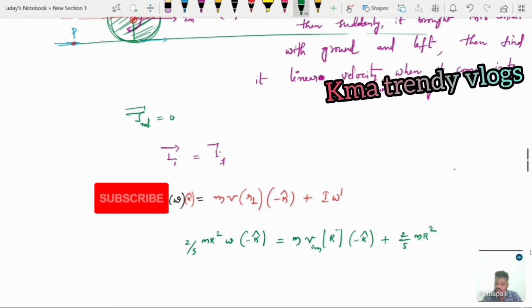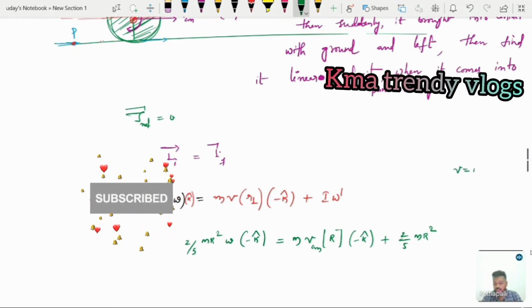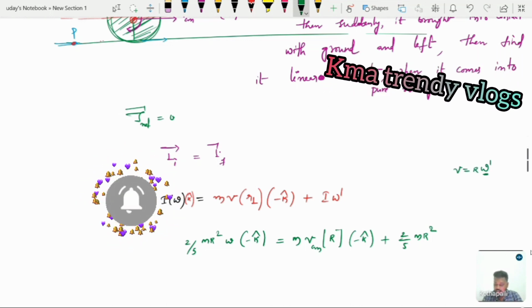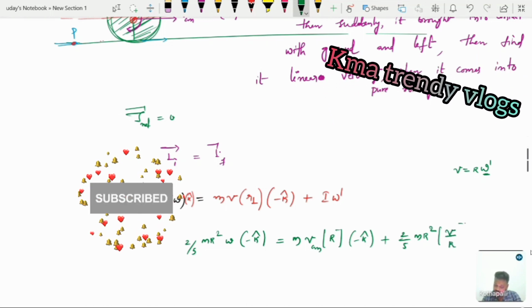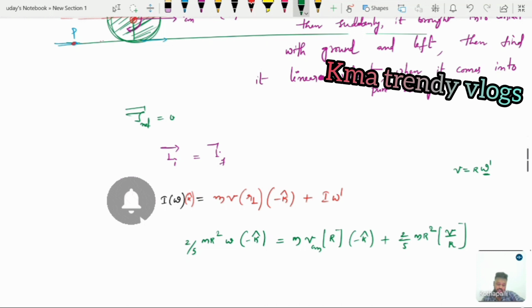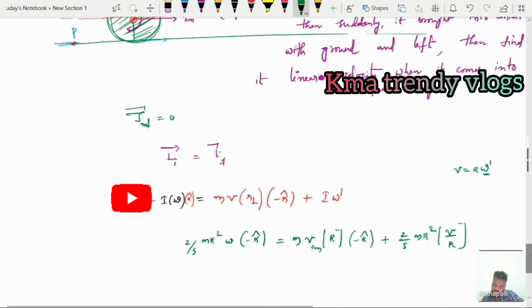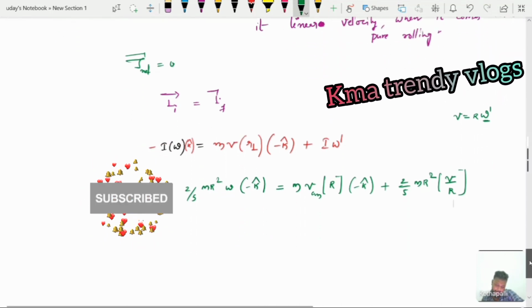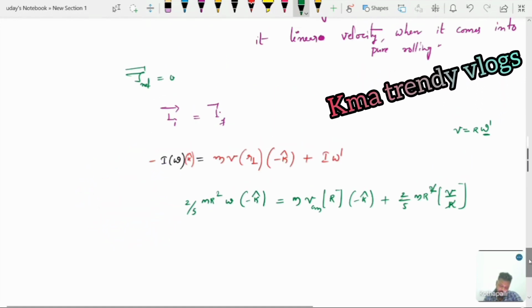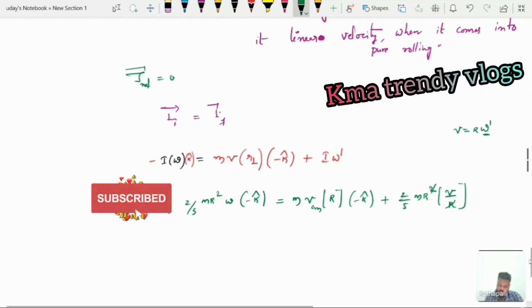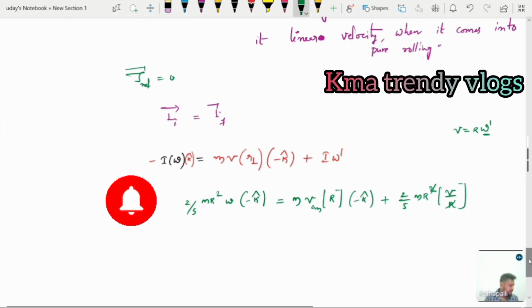This omega dash is for pure rolling now. V is equal to r omega dash, so omega dash will be v by r. So this r will get cancelled.